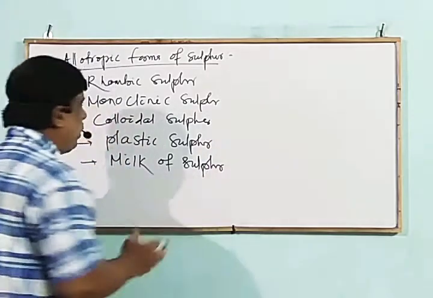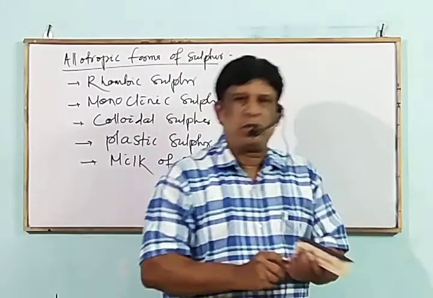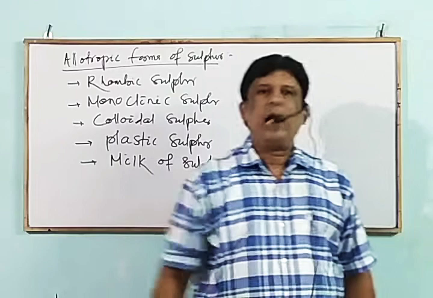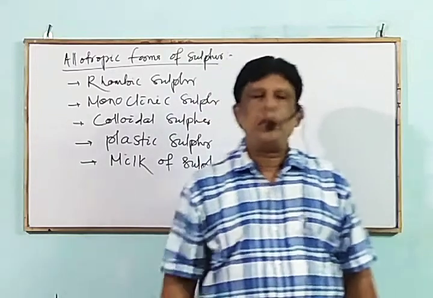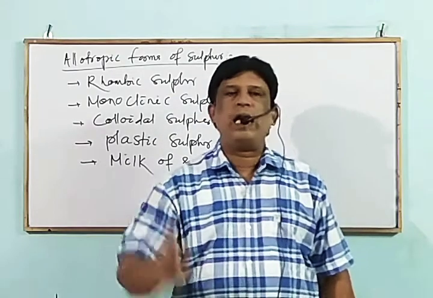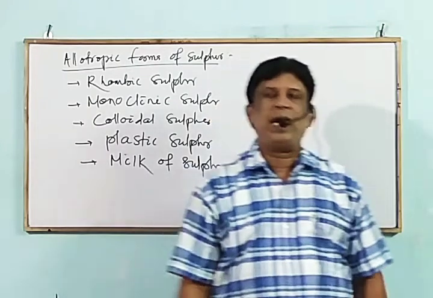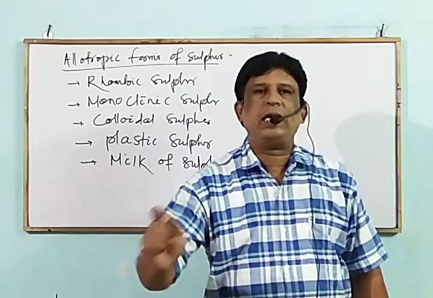I repeat again, what do you mean by allotropic form? Various forms of one element having similar chemical properties but different physical properties.